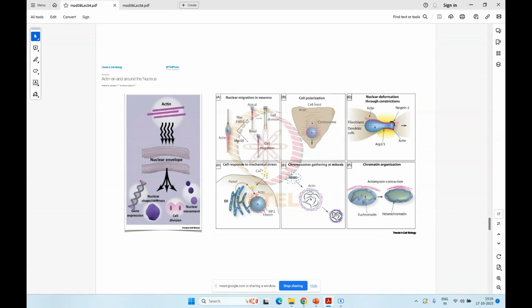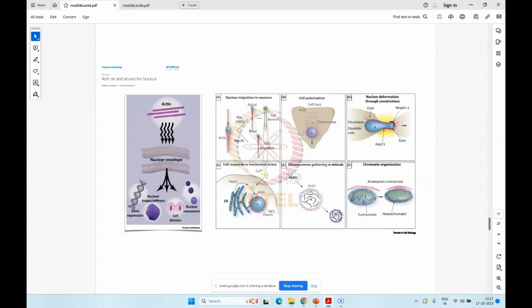Yeah. So basically, there is a continuous crosstalk between how stiff the nuclear envelope is, how the lamins are arranged, and how they are interacting with the actin, and all of this affects how the gene expression would be, what the nuclear shape is going to be, or what the stiffness is going to be, how it's going to develop.